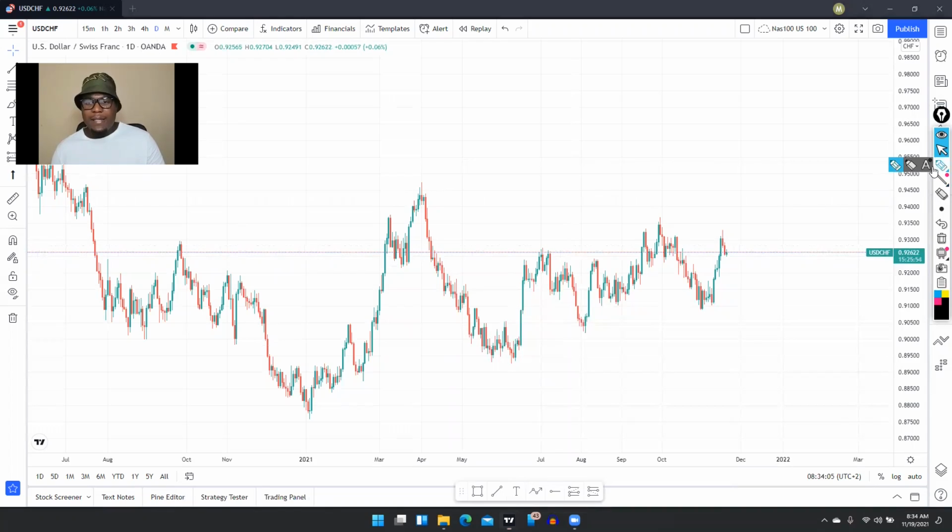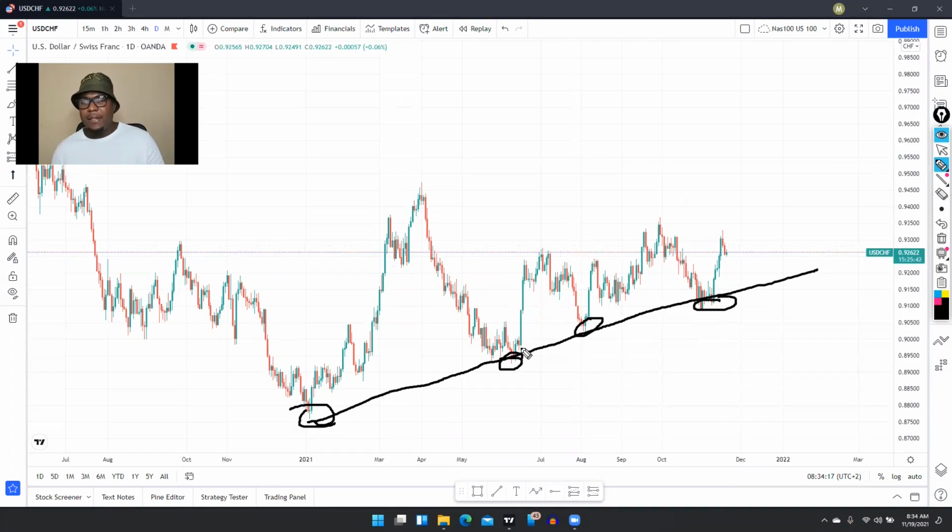What I see is these areas. If I connect them, I will find the trend. You can see that when you connect this, you will find a very nice move, which means the market is creating an uptrend.